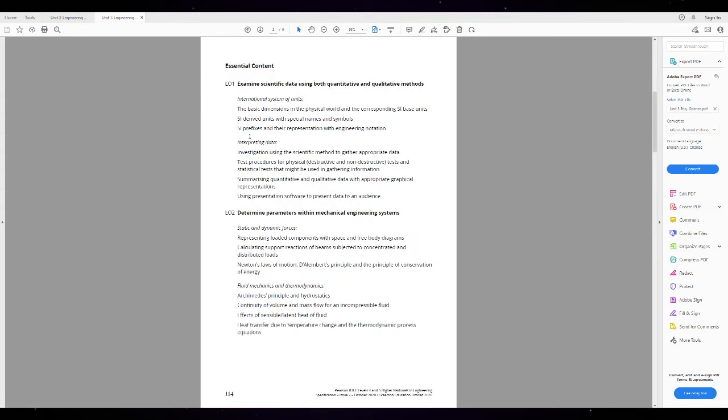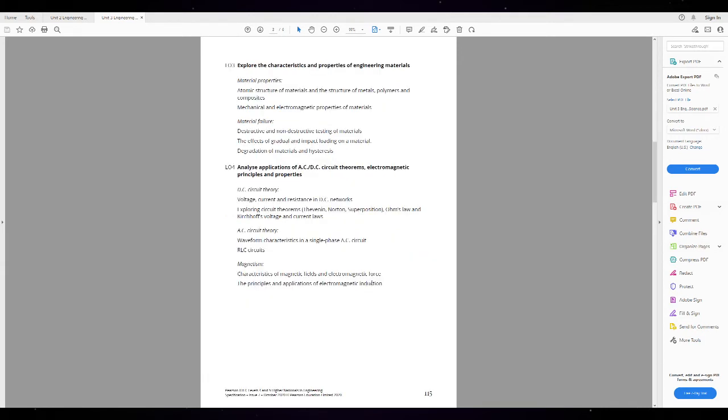Okay, so this is the content we've got to do. Nothing particularly that you shouldn't have done at level 3. But it's just making sure that everybody has done electrical and mechanical to level 3 for the level 4 course.